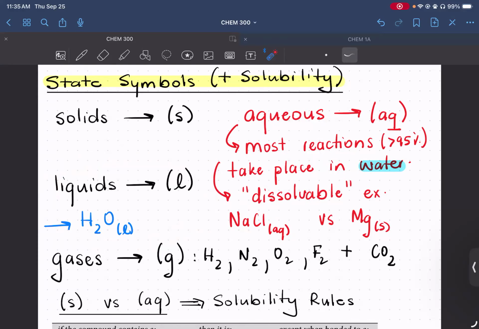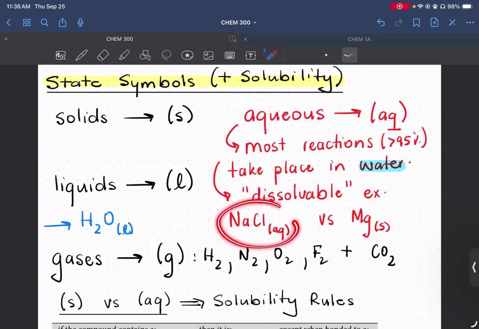Now, in addition to the 3 state symbols, we also introduced a new type, aqueous. The term aqueous refers to the fact that most reactions, especially in Chem 300, take place in water. In other words, when we say that something is aqueous, what we're saying is that it is dissolvable in water.